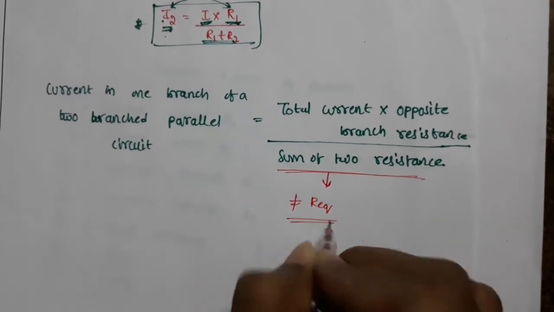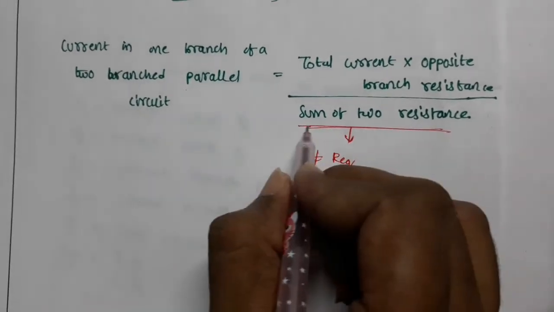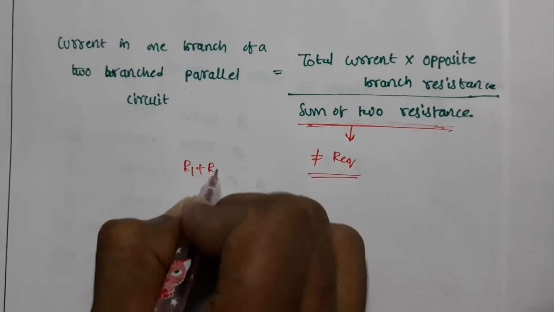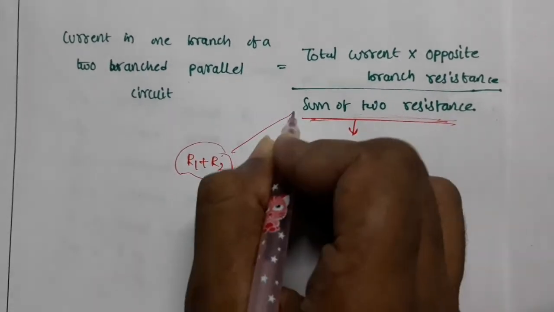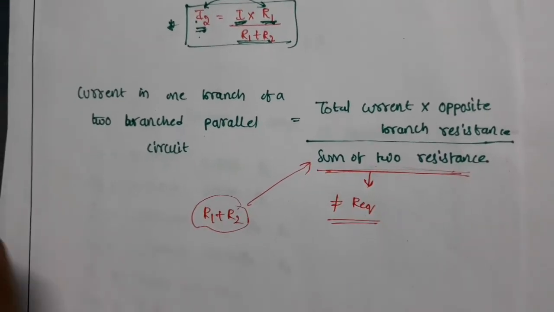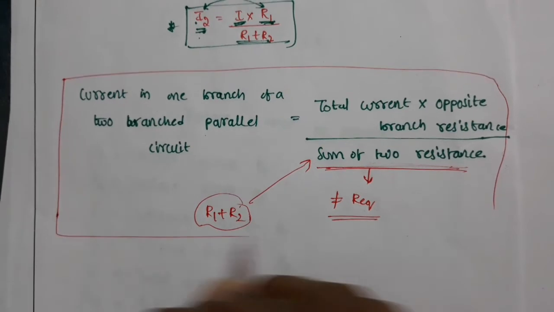Please make sure that one. Here sum of two resistances indicates R1 plus R2. This is very important.